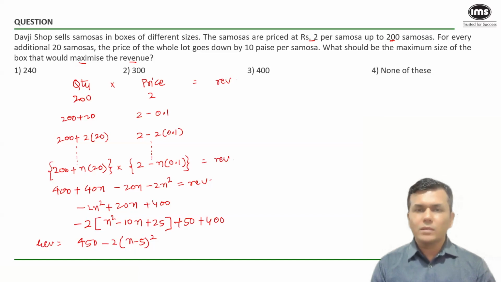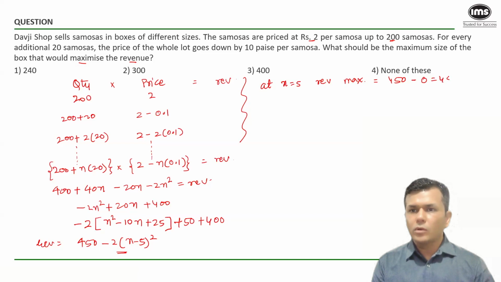That should be 0, right? And for this to be 0, my n should be equal to 5, right? So I can say that when n equal to 5, the revenue gets maximized. And that is going to be 450 minus, see, if you put n equal to 5 here, the whole thing gets 0, right? So 450 minus 0, and therefore your revenue gets maximized at 450.